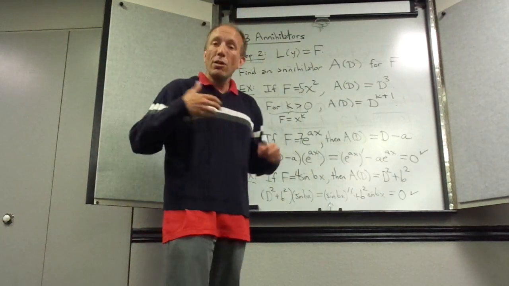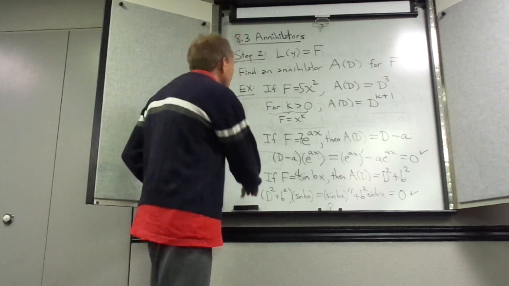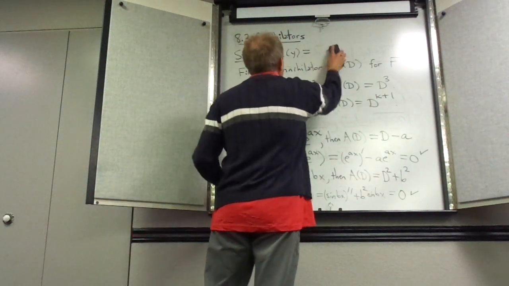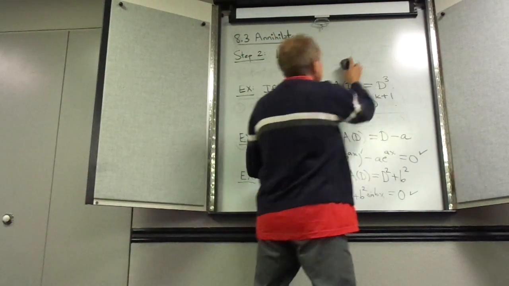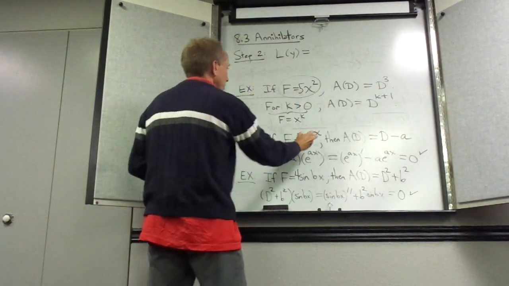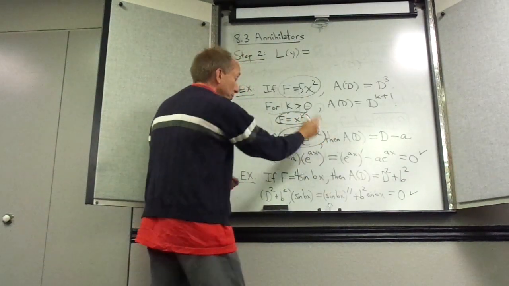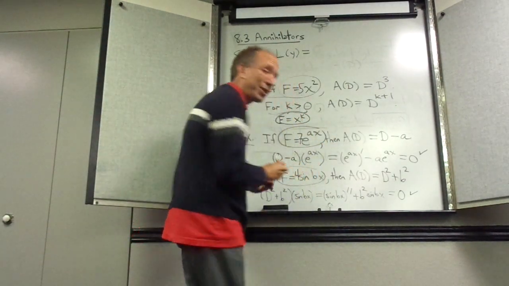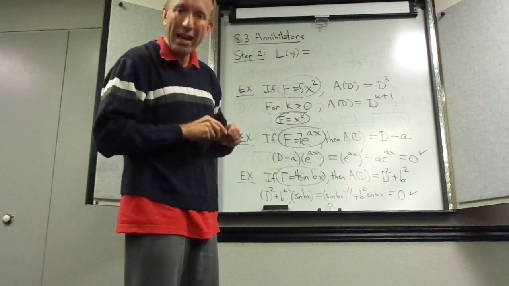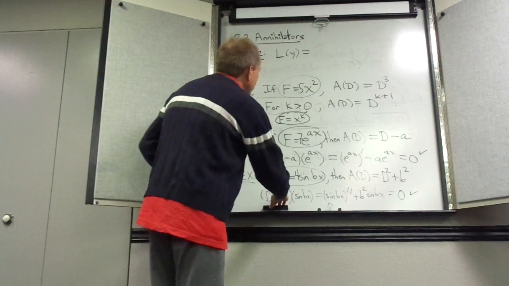It turns out we can also combine these together. So if your capital F is any combination of a power of x, an exponential, and a sine or a cosine, we can annihilate it by putting these annihilators together.